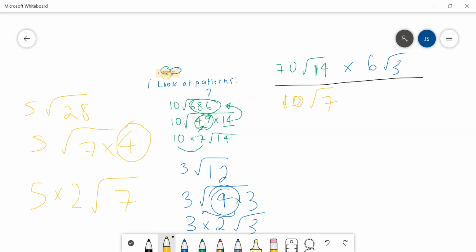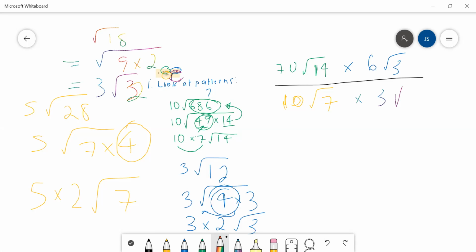I'm going to finish that off with a rainbow color. Square root of 18. And we'll do it here. It is the same thing as saying square root of 9 times 2. 9 is a perfect square number, so we can square root that and we get 3 square root of 2. All right, awesome. That's what the most simplified is. Unfortunately, none of the surds match. I can't simplify them any further.